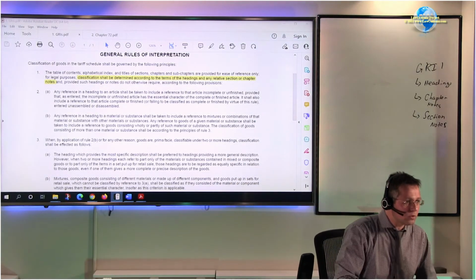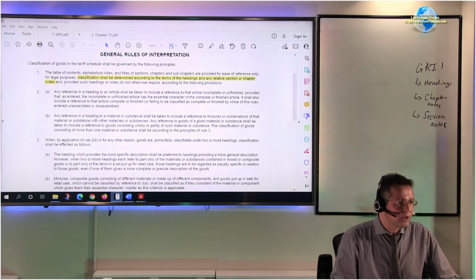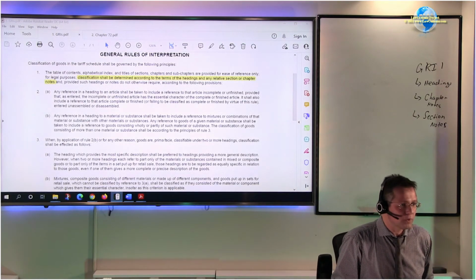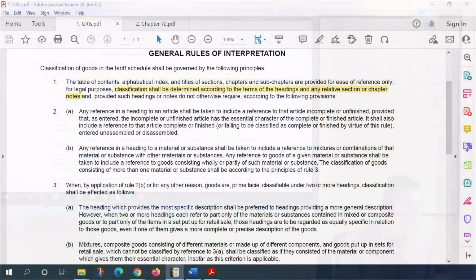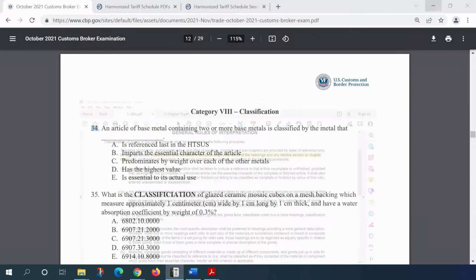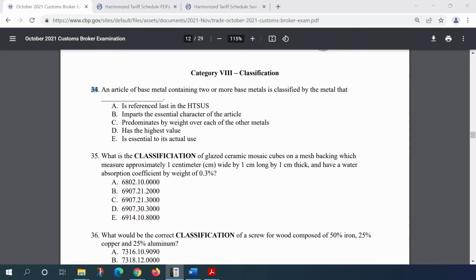All right, so that's pretty much the background of what we have over here. The next item would be to actually roll up the sleeves and dive into what is going on with classification.